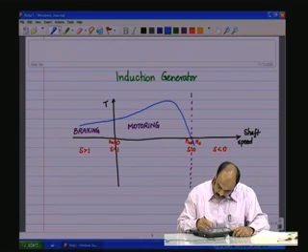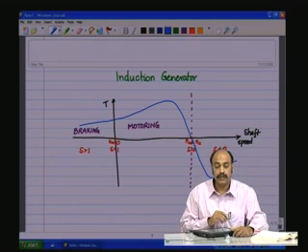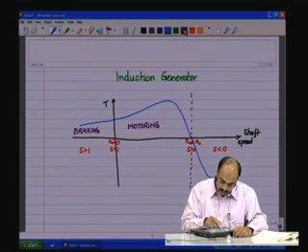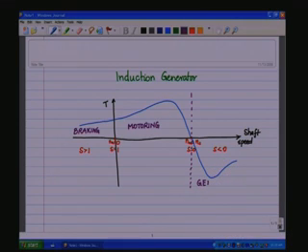So this curve continues like that and has a mirror image replica of the motoring zone, and this is the generating zone.